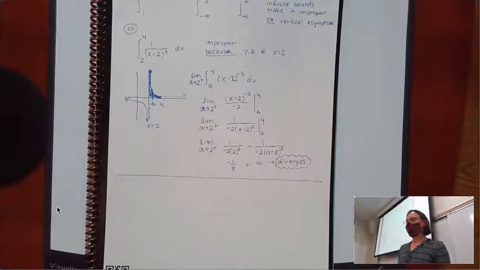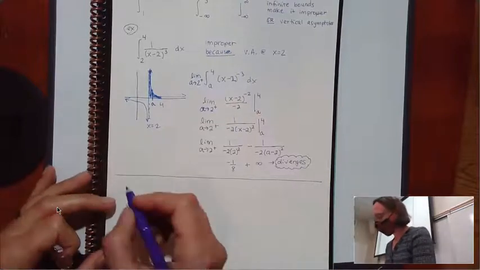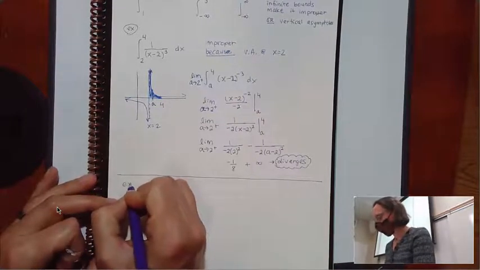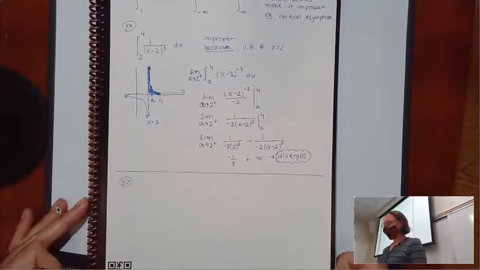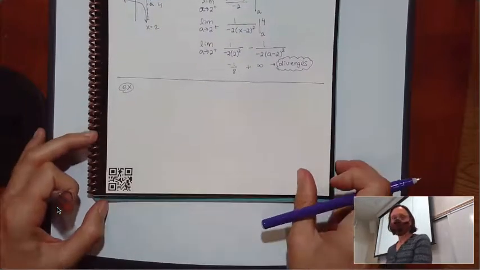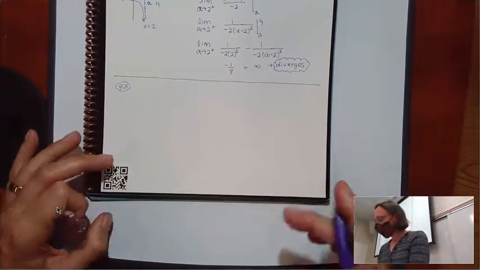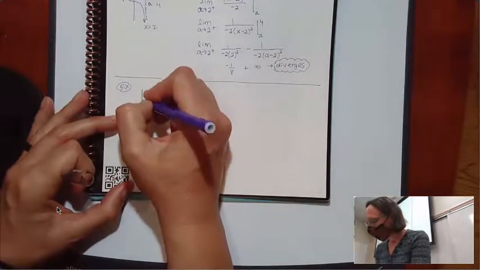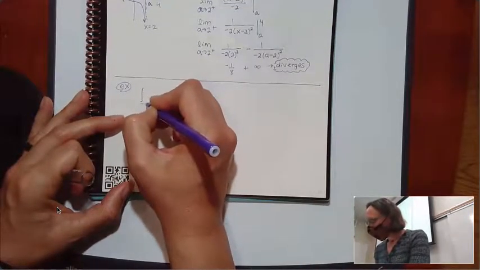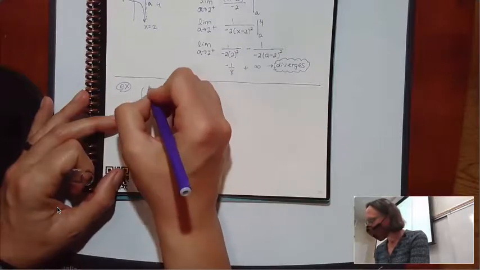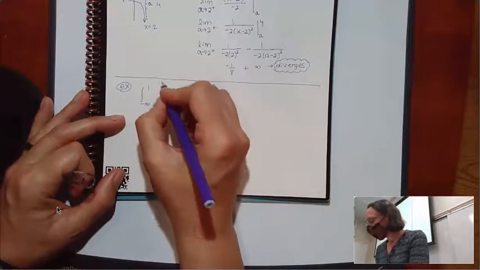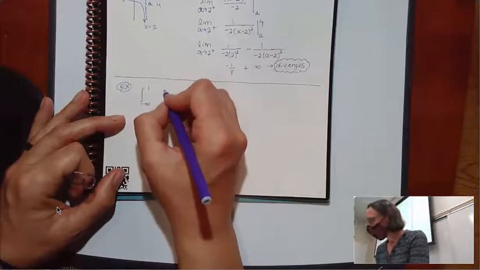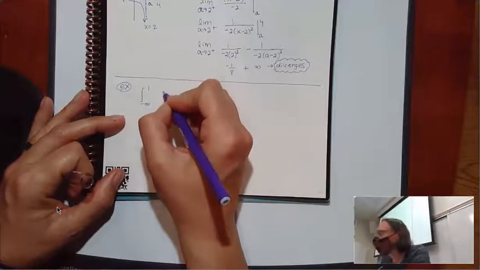I think we have time for one more example. Should we do one more example? Let's do one with e's in it. So let's find the integral from negative infinity to 1 of, oh, how bad should I make it?